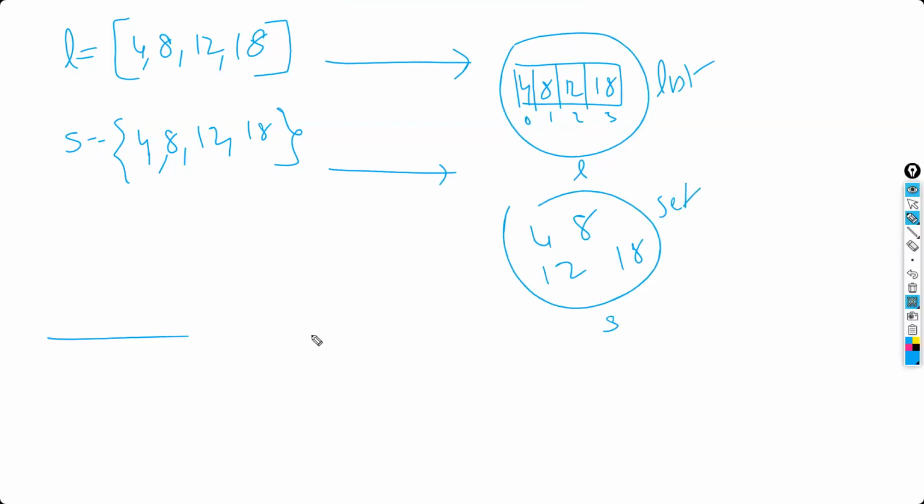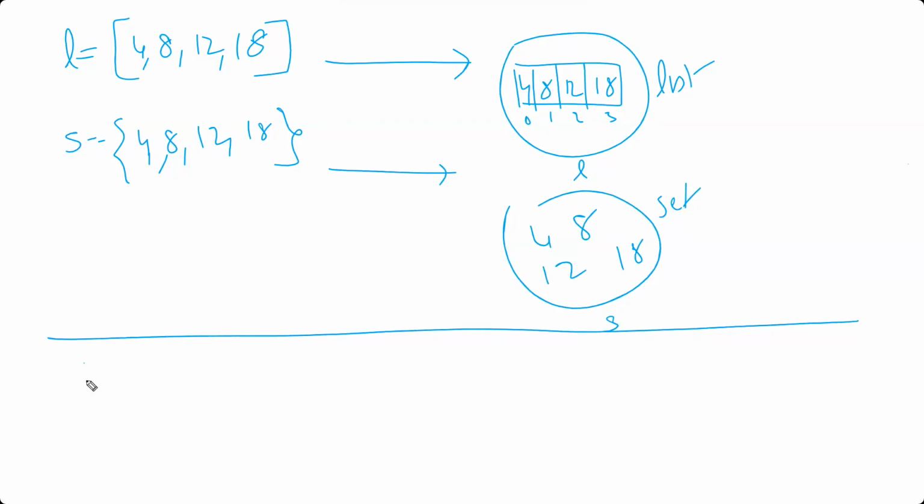Now, the specialty of a dictionary. In the dictionary we also write in curly brackets only. When you are writing in curly brackets, how will Python understand whether it is a set or a dictionary? Because the dictionary values are not stored in the same pattern. In the list, I have written 4, 8, 12 and 18, and the index numbers are taken automatically.